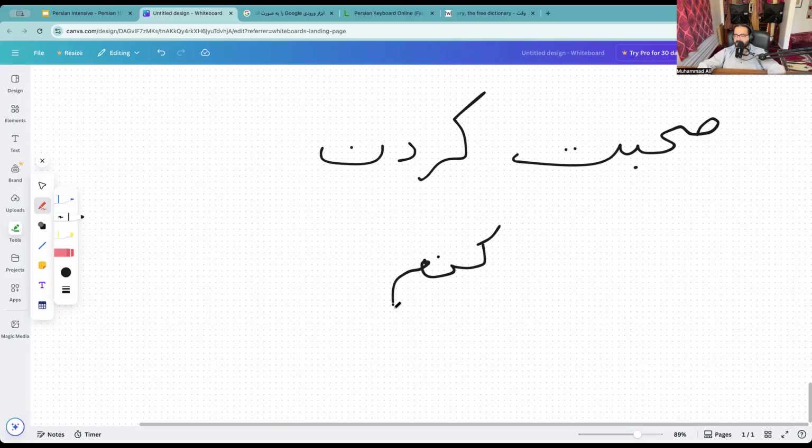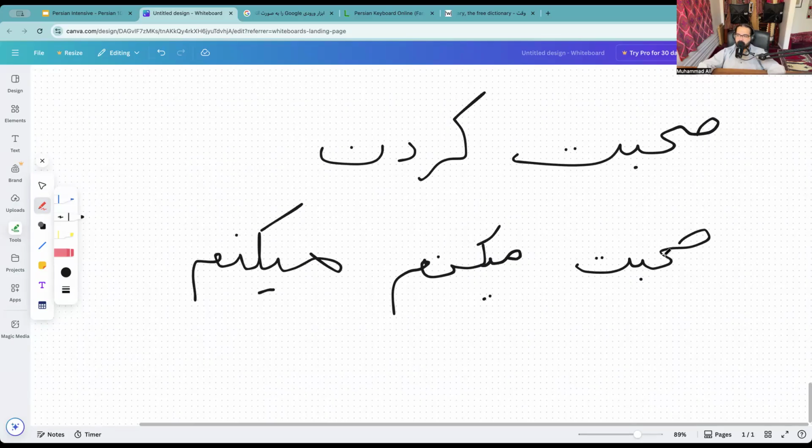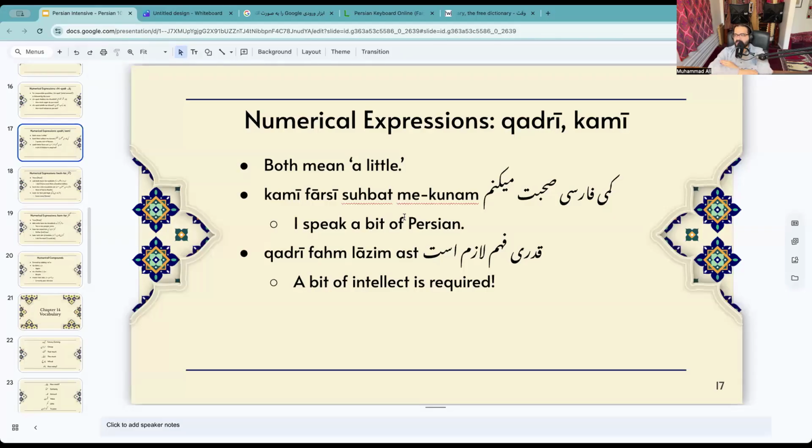So konam is I do. So sohbat konam is I speak, but then we use the continuous marker mi konam. Sorry, it looks so bad. Sohbat mi konam. So we have kami farsi sohbat mi konam.